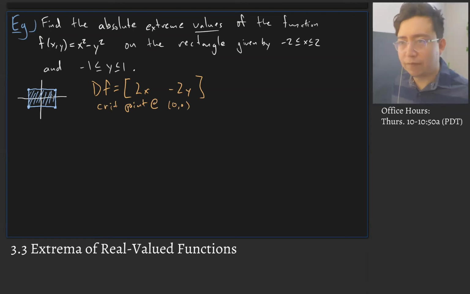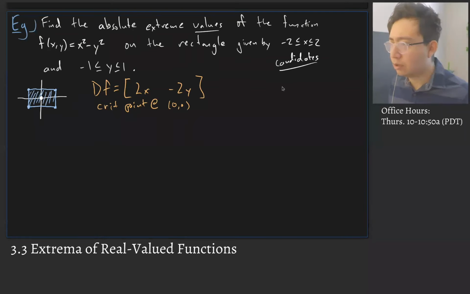And from our picture, we can see that that is squarely inside the rectangle. So if we're keeping a list of candidates, the first one we write is (0, 0).